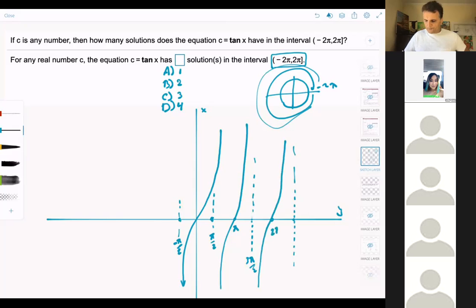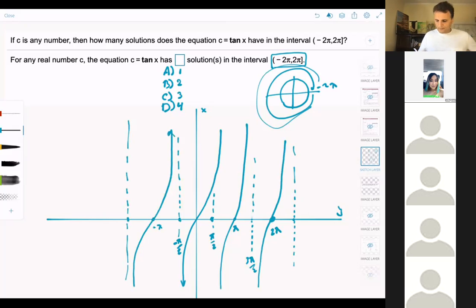This is 2 pi. Good. So they said 2 pi, so I'm going to include this one. And we do the same thing on the other side. There's going to be negative pi. This is negative 3 pi over 2.